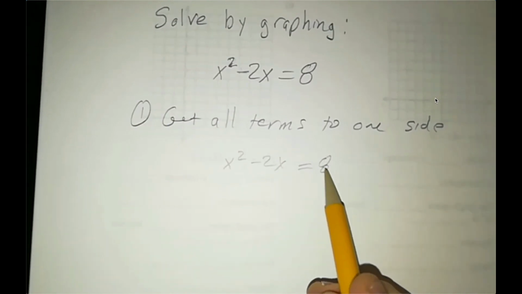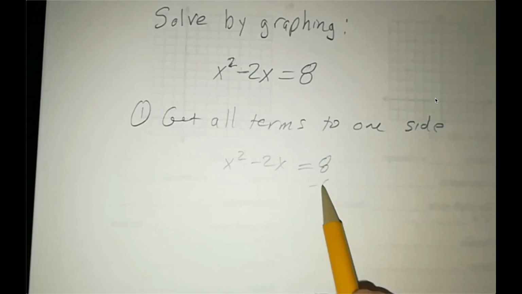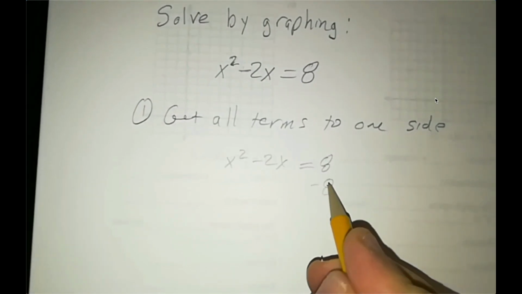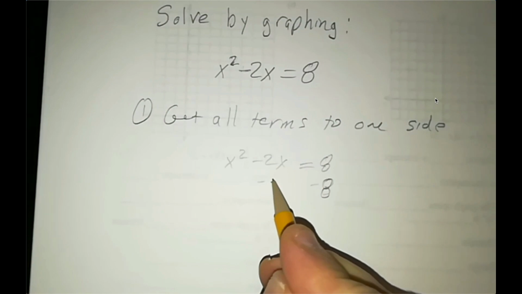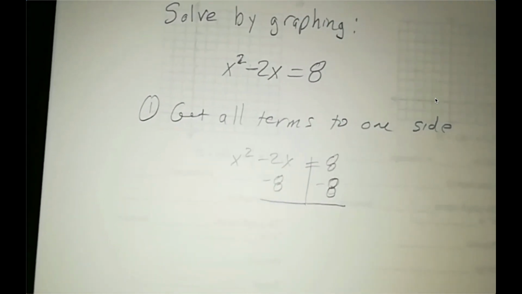So looking at the 8, well, I can get that over to this side really easily by subtracting 8. This is going to at first seem a little weird because you're used to getting numbers on one side and variables on the other. But with quadratics, generally getting everything to one side is what you want to do first. Okay, so what we end up with here is this.